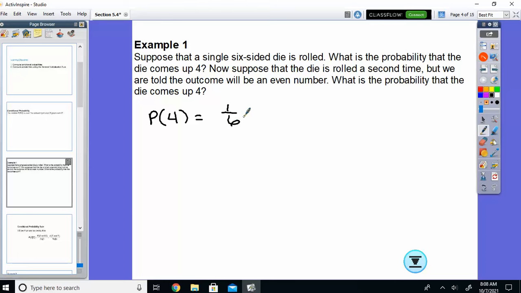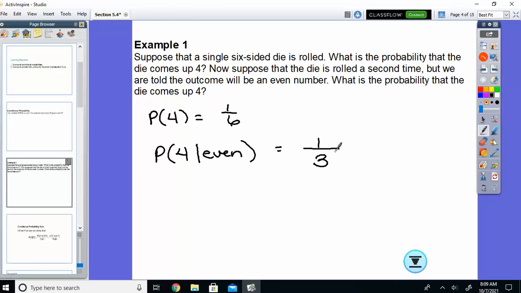There are 6 total sides. Okay, second question. What is the probability if we roll it, but I am told the outcome is an even number? So I want to know the probability of a 4 given that I already know it is even. If I already know it's an even number, how many even numbers are there? 3. How many of those are 4s? 1. So if I already know it's even, then there's a 1/3 chance that I rolled a 4.